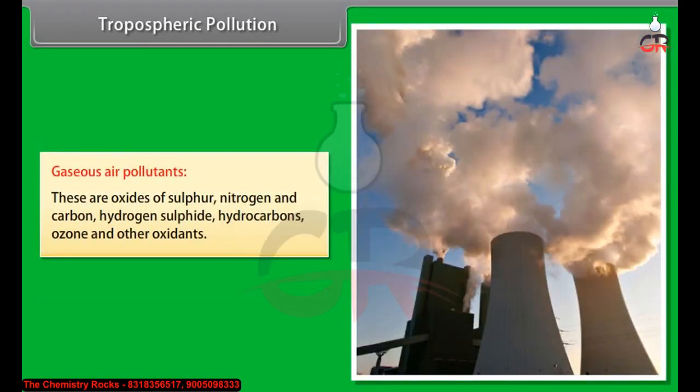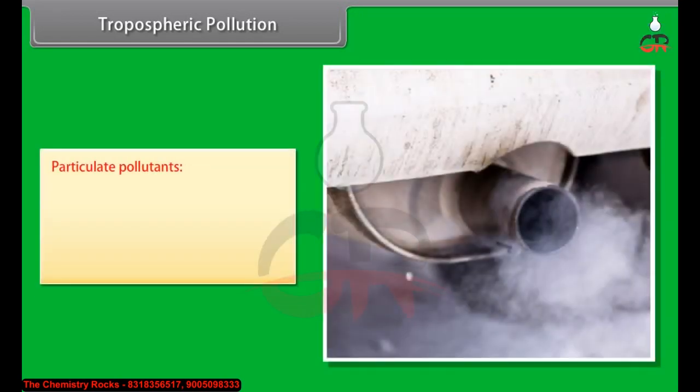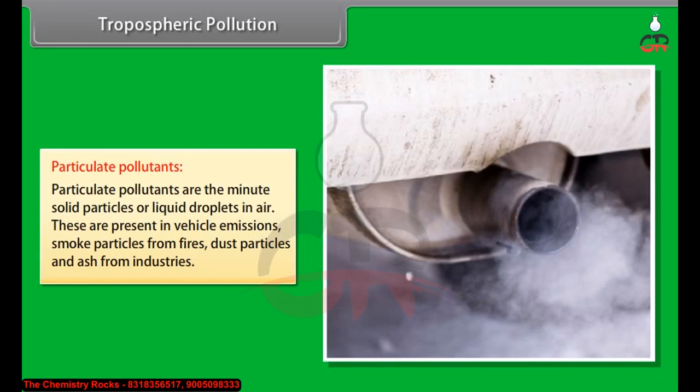These are oxides of sulfur, nitrogen and carbon, hydrogen sulfide, hydrocarbons, ozone and other oxidants. Particulate pollutants. Particulate pollutants are the minute solid particles or liquid droplets in air. These are present in vehicle emissions, smoke particles from fires, dust particles and ash from industries.